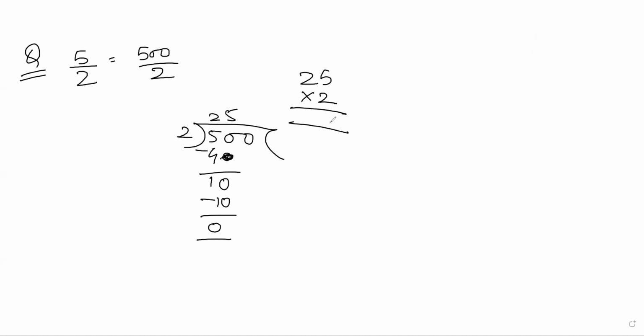What comes after multiplying 25 by 2, Aisha? What is the answer for this?